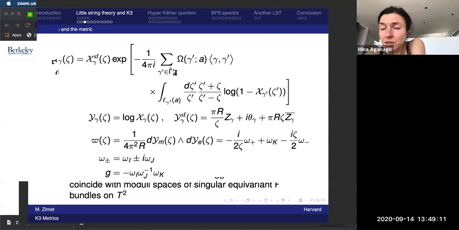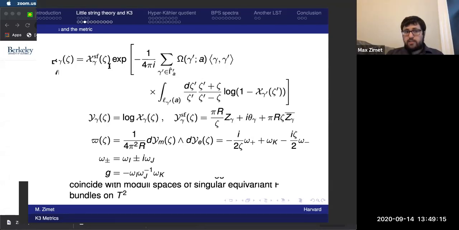At the end of the day, I just need enough coordinates to describe a 4-dimensional space. That's right. Yeah. So this is a huge overcounting, and there are lots of relations between these functions. So indeed, one gets one of these functions for every point in this charge lattice, it's just that they're all related to each other.